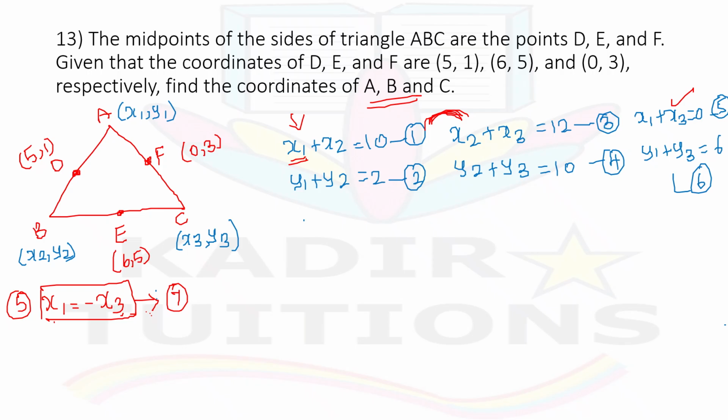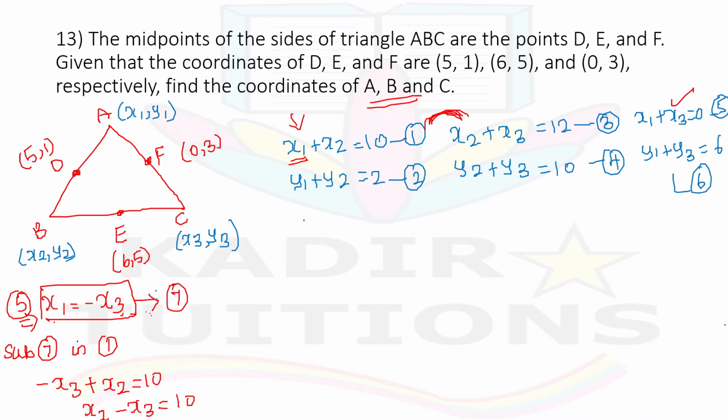So substitute 7 in 1. This actually came from the fifth equation. So instead of x1, we substitute minus x3 plus x2 equal to 10, and if you write it in order, it will be x2 minus x3 equal to 10.